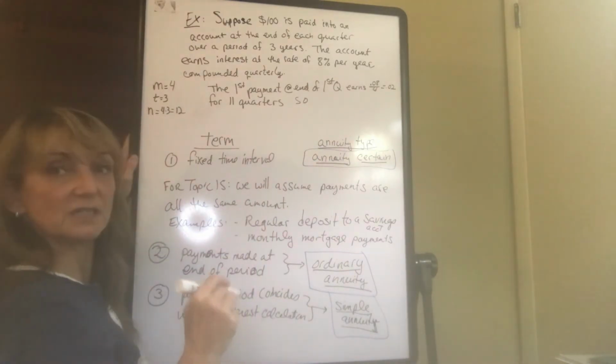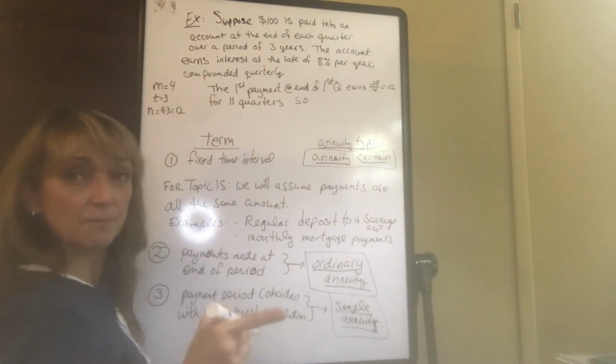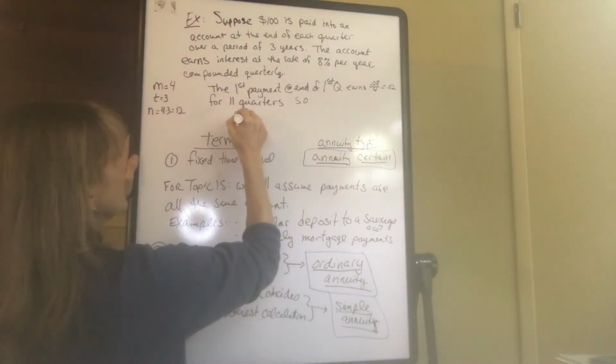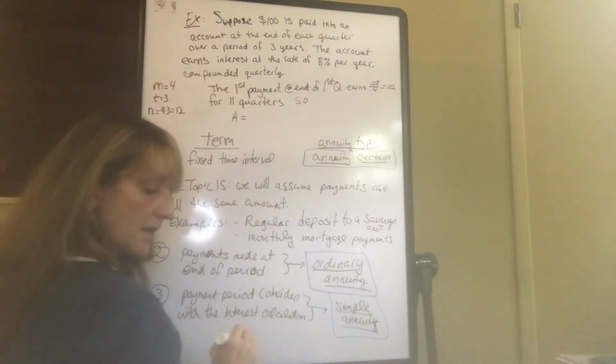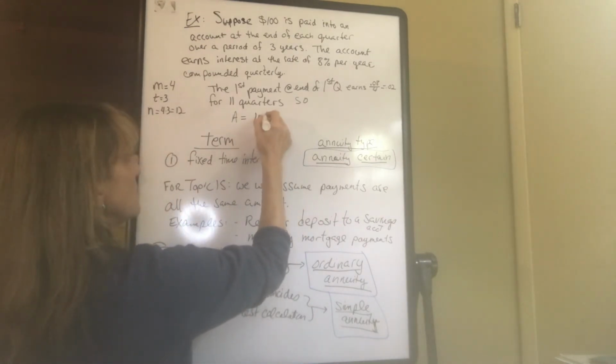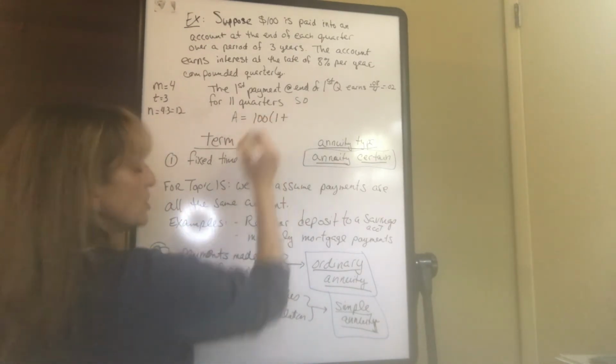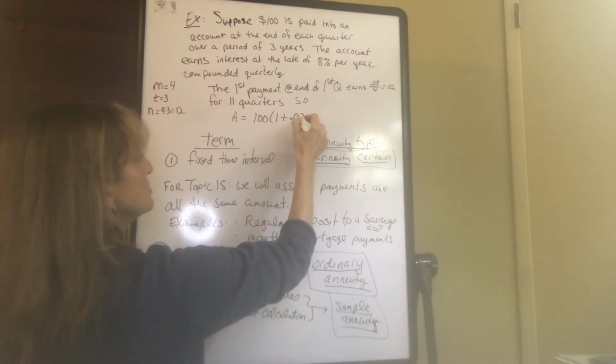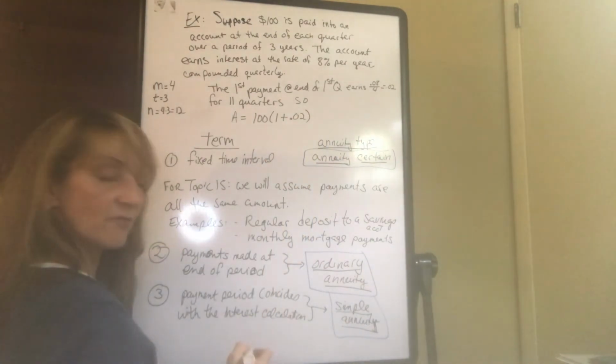How much does that first deposit make for us? It's the $100 that we put in, and it's going to earn interest at 0.08 divided by 4, or 0.02, for 11 quarters.